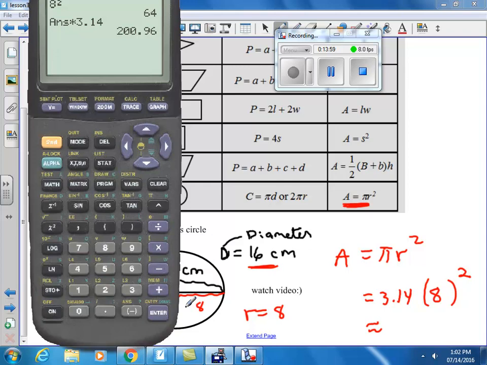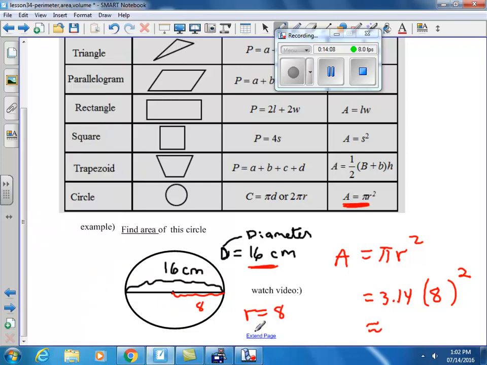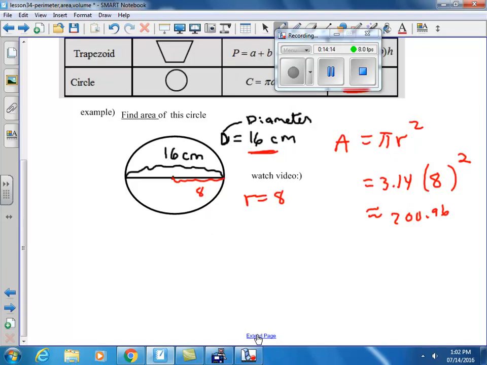So if I round it to the nearest whole number, approximately 201. So approximately 200.96. Square what? Centimeters.